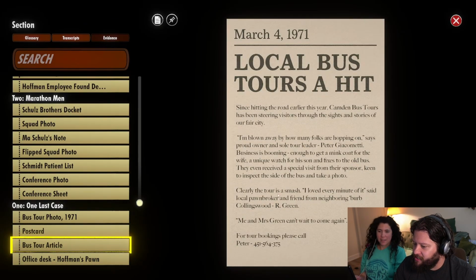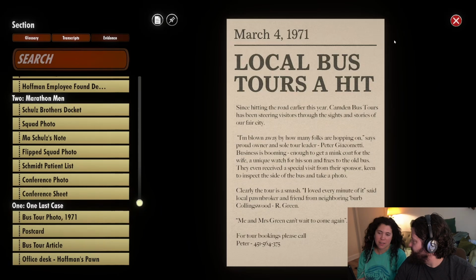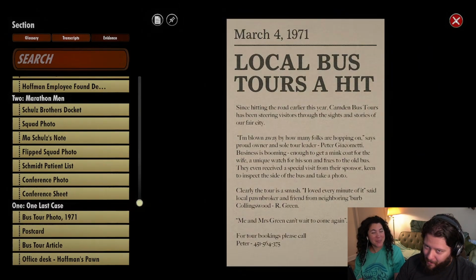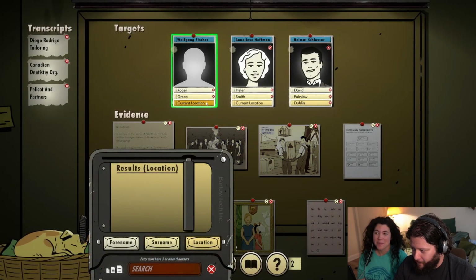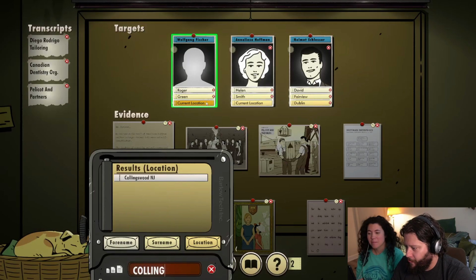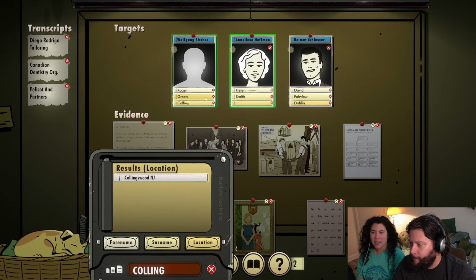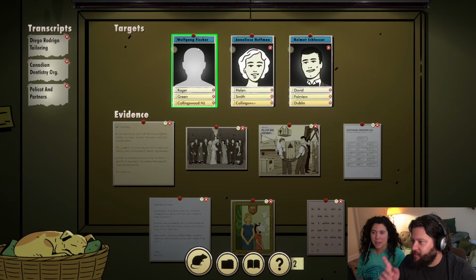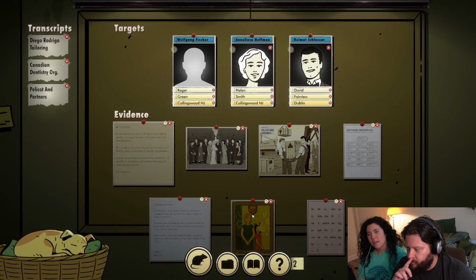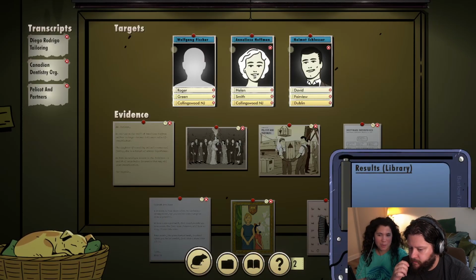Mr. and Mrs. Green in Collingswood. Is this how you're supposed to solve this? I don't know. We have to find a picture of him. I wonder why they wanted David Fairview out of the picture. Because they were in love with each other.